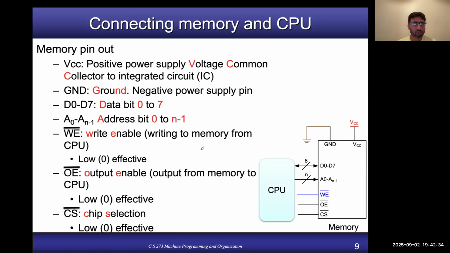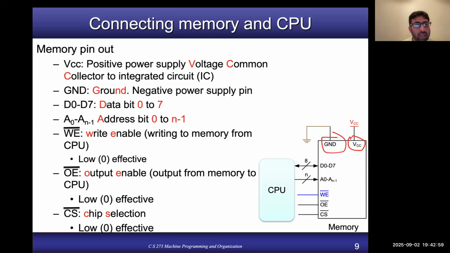Okay. Now, how do we connect memory and CPU? Actually, it is explained already in the previous slide, but let me explain a little bit more on this slide. So VCC is always connected with the power supply, and ground is the negative power supply pin, which is normally connected with 0.